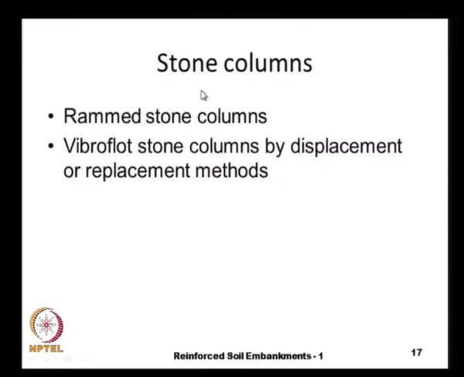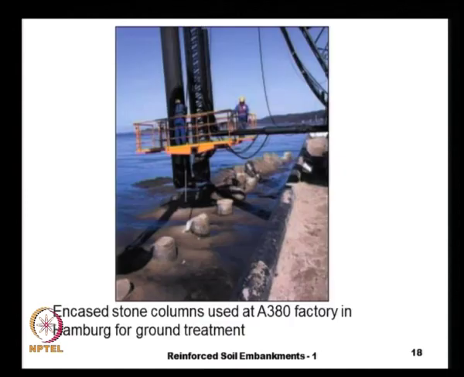The stone column is one method. There are different types: the rammed stone columns and the vibro-float stone columns, that can be formed either by soil displacement or by soil replacement. This also we will see a bit later on in some other lecture.